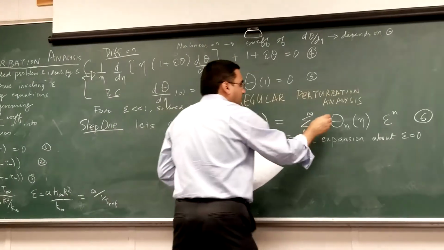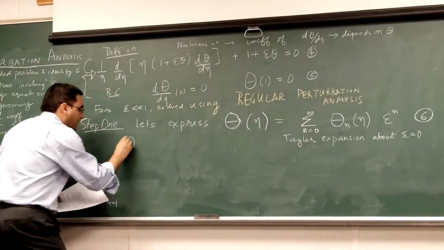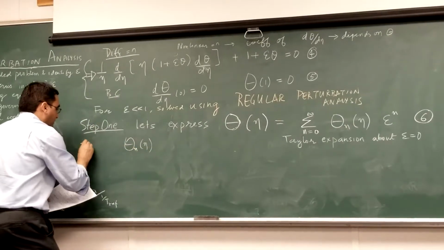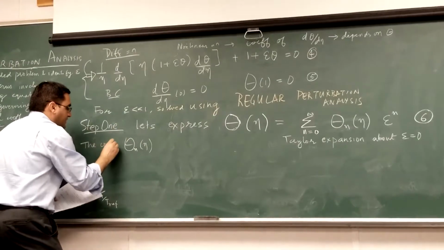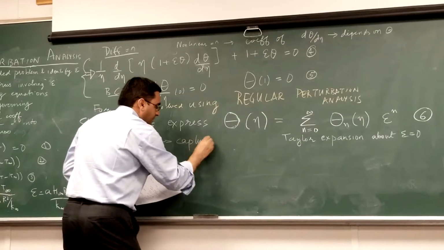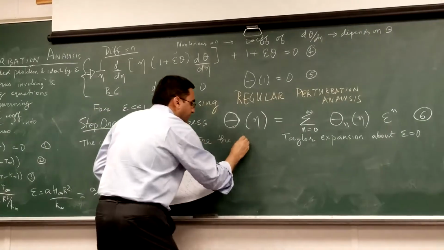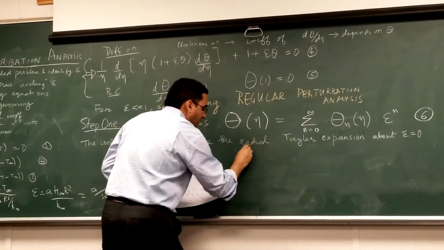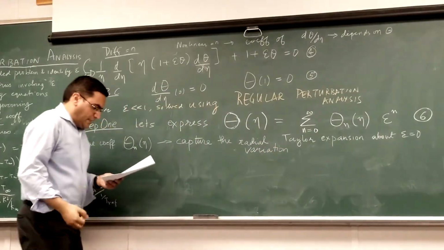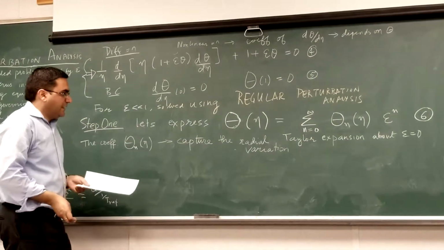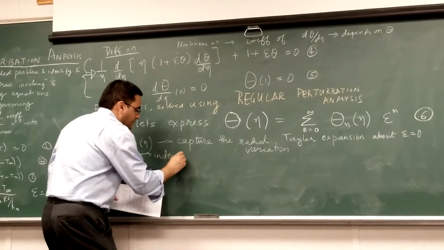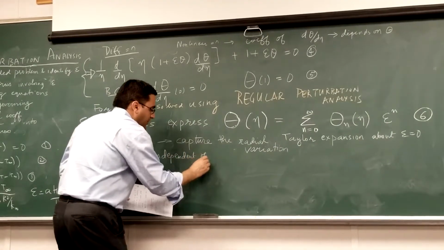So the other thing, I can just write it down, is that the coefficients theta n capture the radial variation, and they are independent of epsilon.